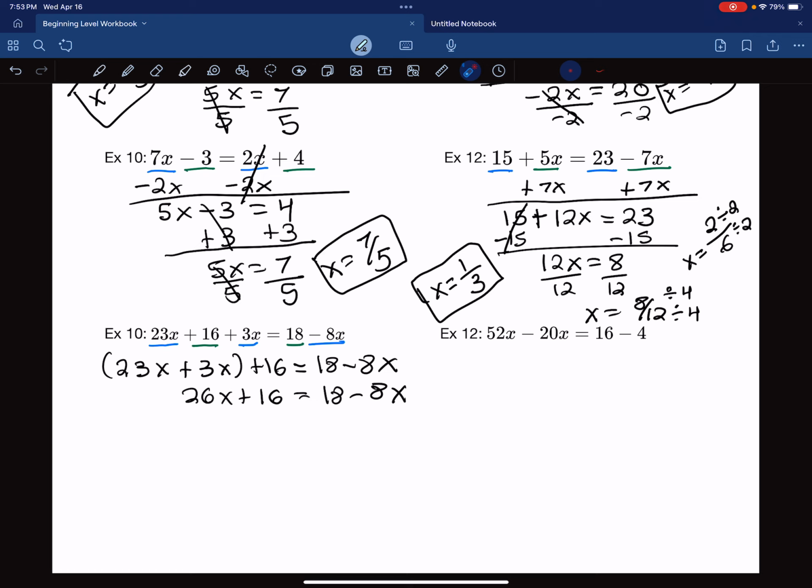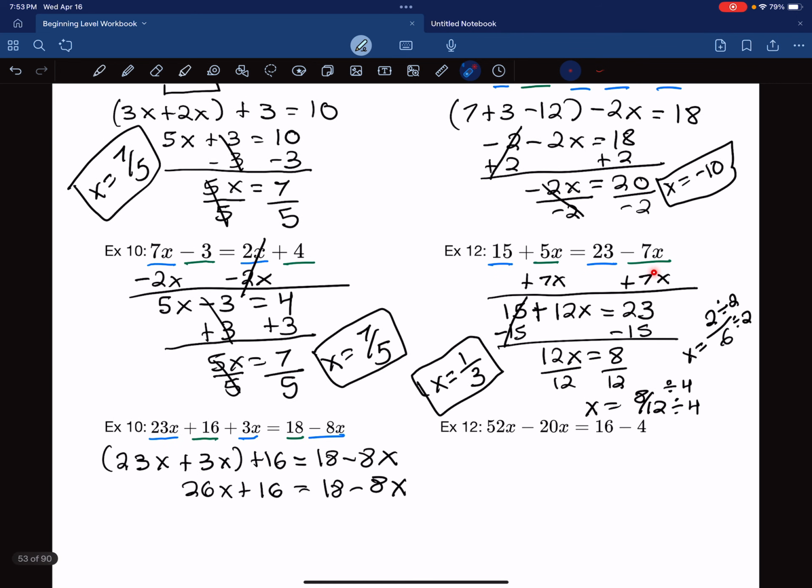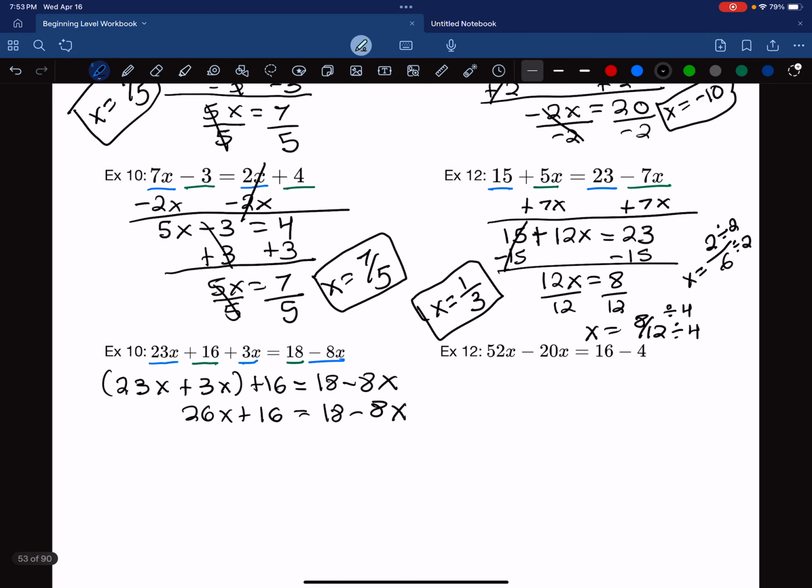Just so I can mix it up a little bit, so far I've been just adding from the right-hand side to the left-hand side of the equation, but we can also subtract this 26x from this 8x. So we don't necessarily need to always add 8x to 26x. I'm just going to mix it up a little bit by subtracting 26x on both sides of the equation.